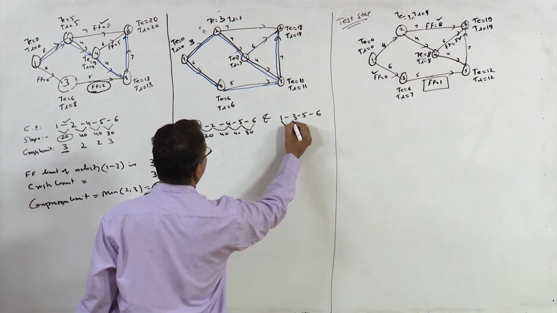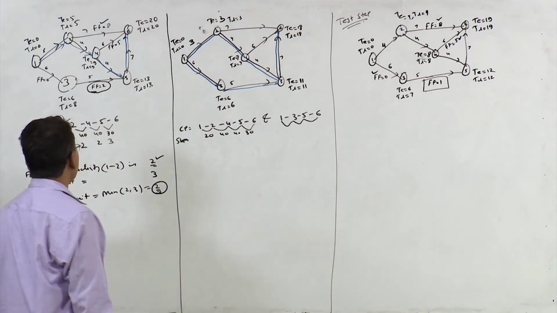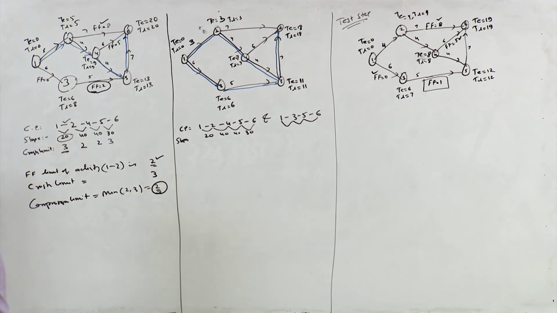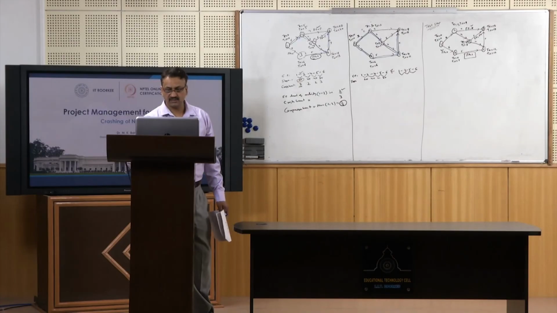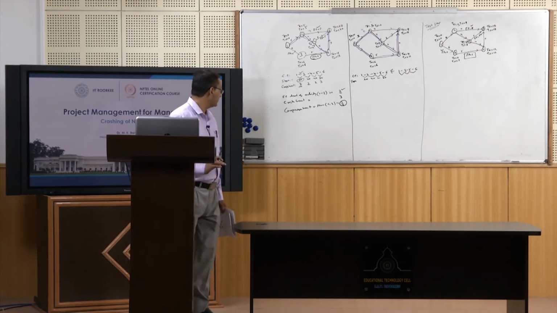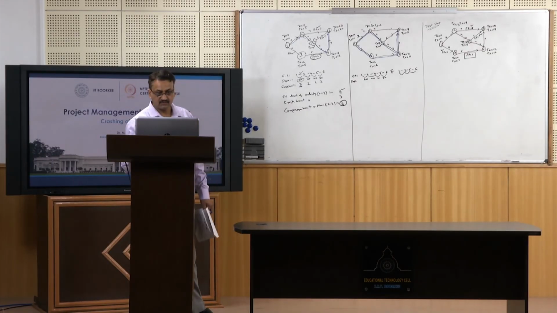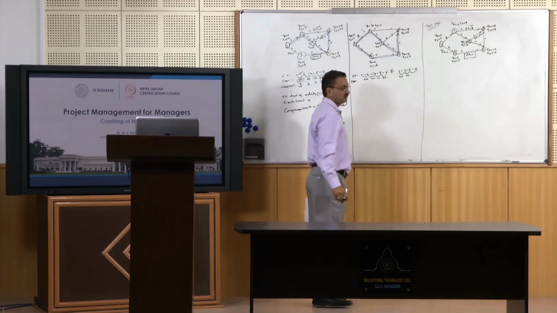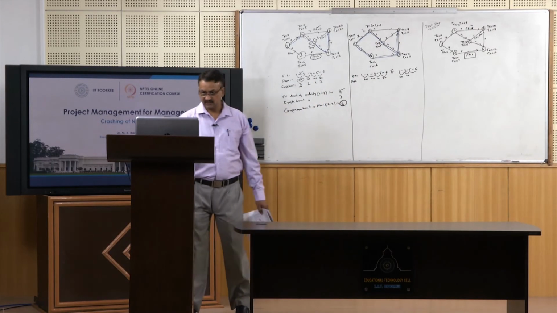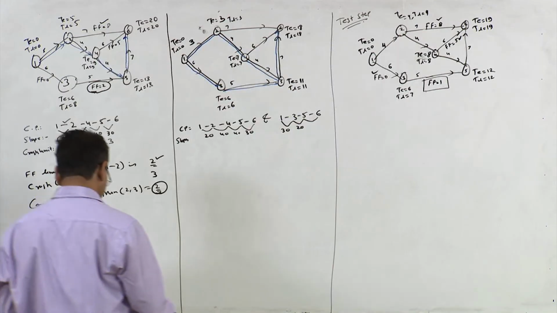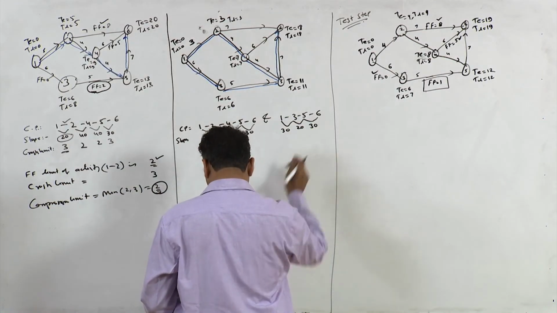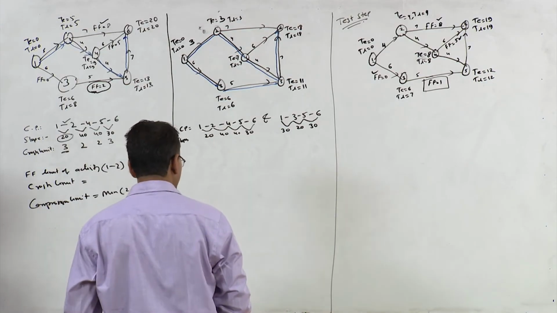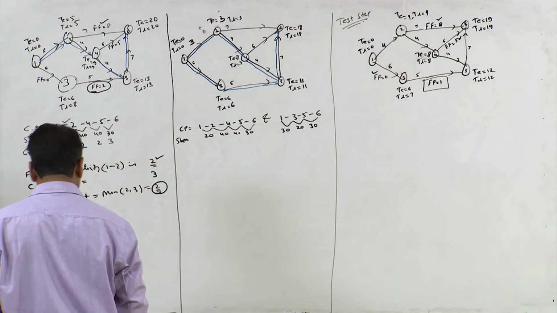For 1-3 we need to find the slope. For activity 1-3, the slope is 30, and 3-5 is 20. So 30 and 20. For 5-6, what is the slope? 30. So 30, 20, 30, 20, 40, 40.